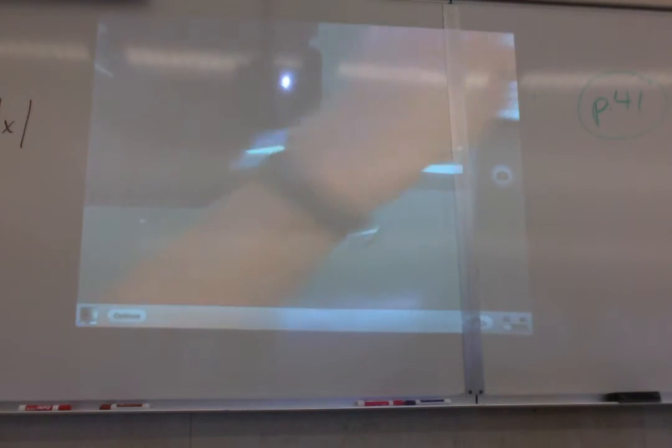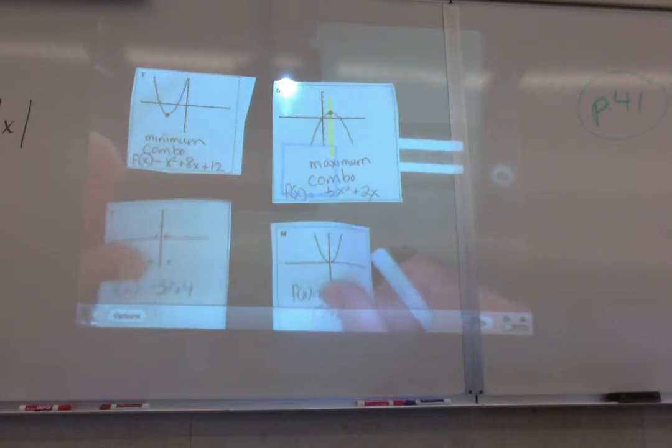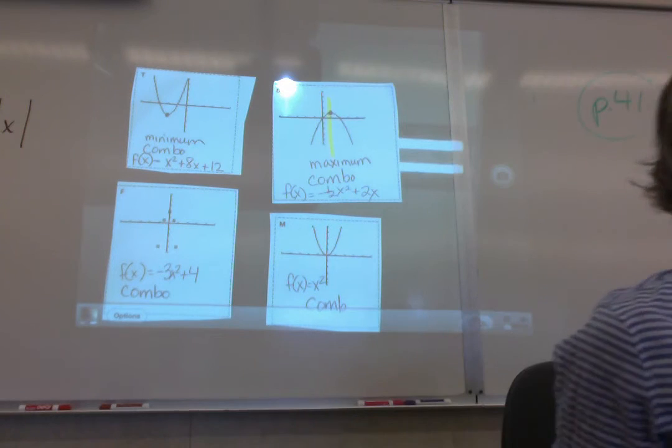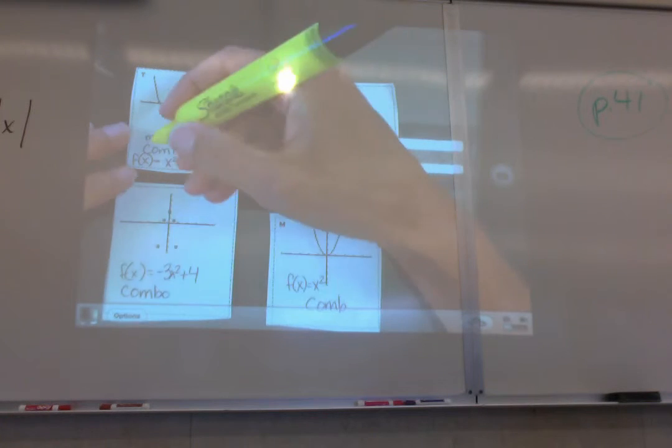We still need to figure out T, B, F, and M. We kind of know those are a family because that's what we're working on this week, right? And we just found one family. Now we have to figure out what's the same with these. Wyatt says all the x's have an exponent.